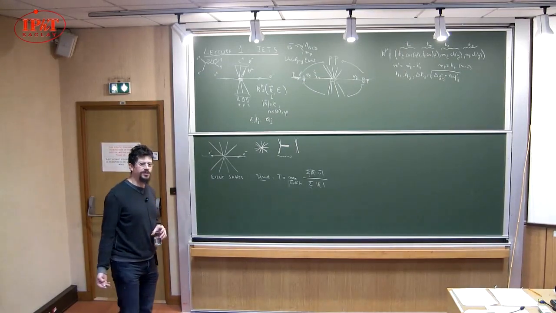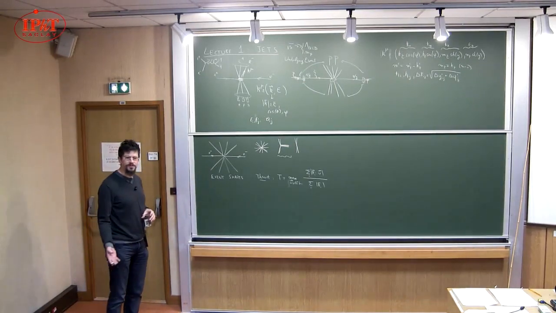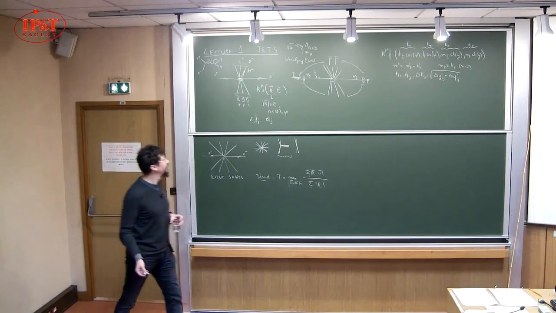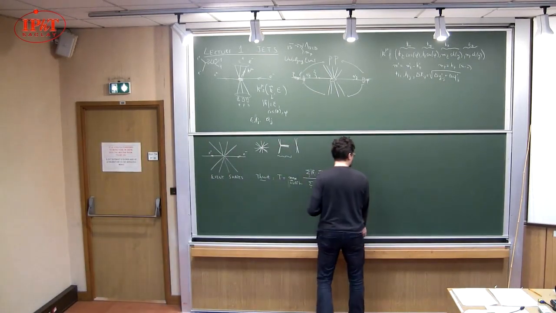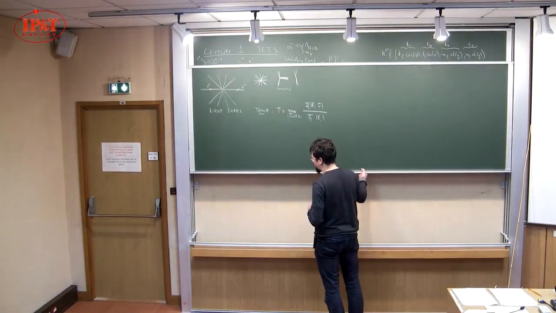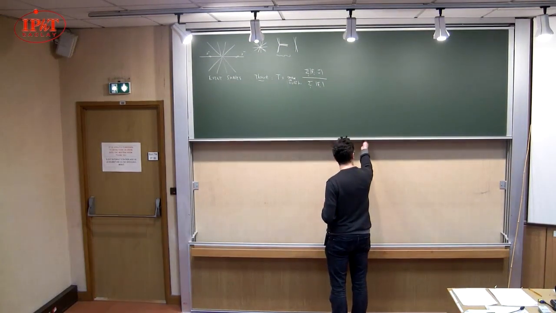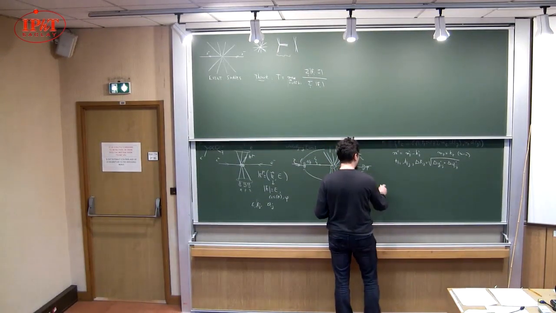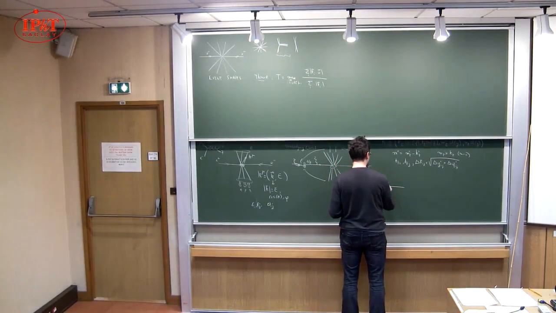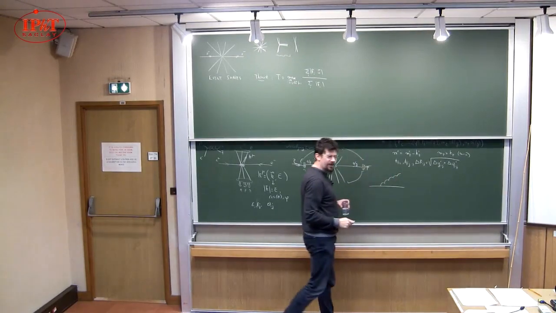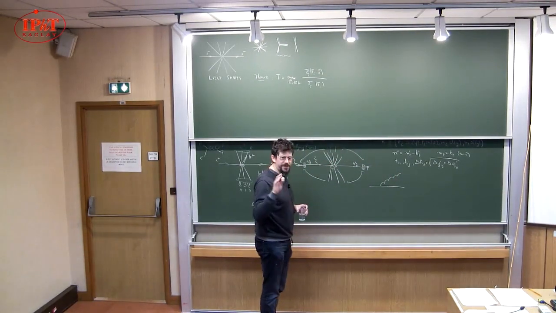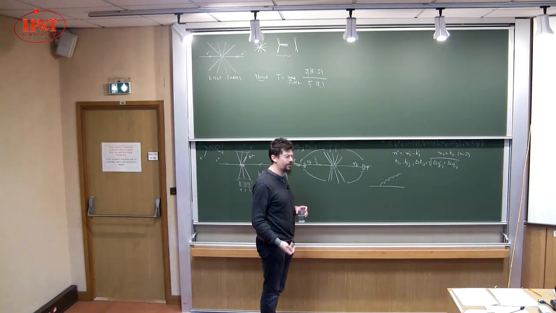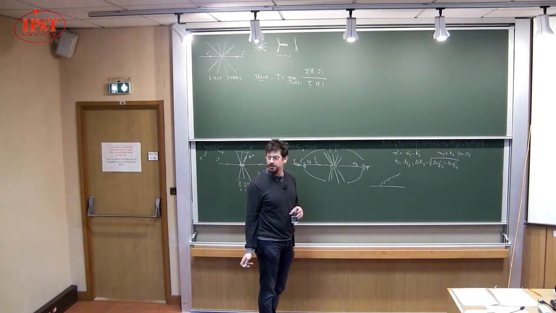QCD has a tendency to radiate quarks and gluons. If you start with a high energy parton, that high energy parton is going to radiate particles. I'm going to show explicit examples later. But typically, the probability of emitting gluons from either a quark or a gluon diverges in limits.